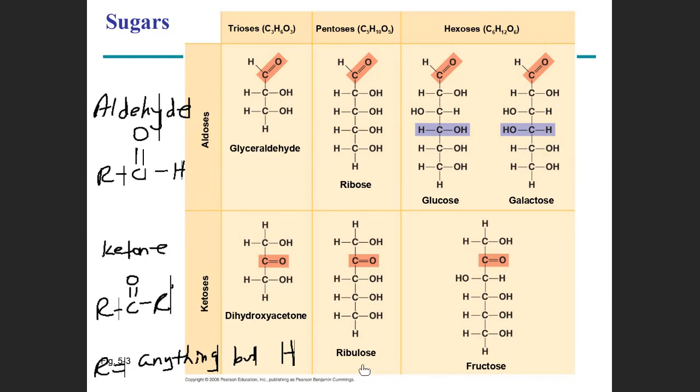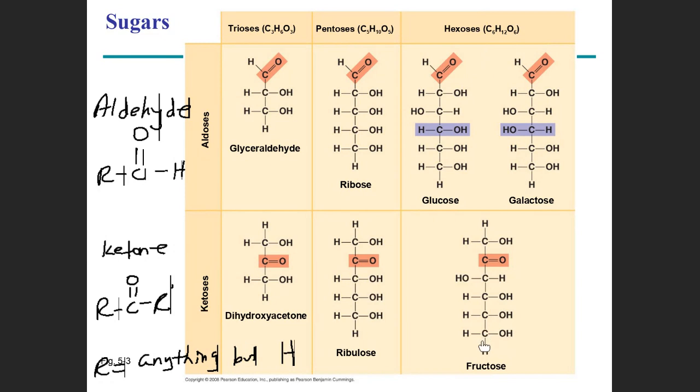Ribulose is something we'll see much later when we talk about photosynthesis and the Calvin cycle and how plants make sugar. And then we'll see the ribulose bisphosphate, so that's where that sugar comes in. The hexoses have 6 carbons. And we have 3 hexoses, glucose, galactose, and fructose.